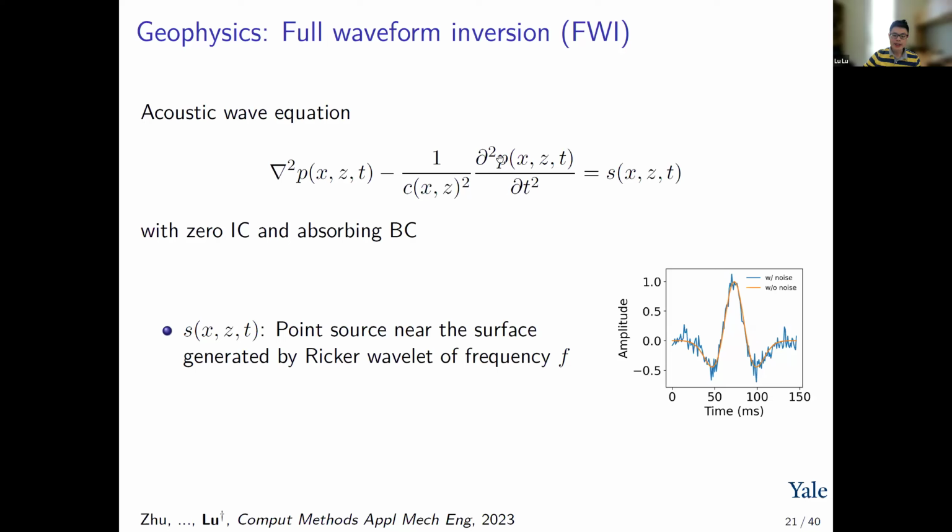However, we only have the measurement of P, not for the full space of X, Z, T. We only have the measurement at some specific X, and when Z equals 0. And C is the field we try to infer. C is the velocity map. And here the source S, the original signal, could be clean or could be noisy.